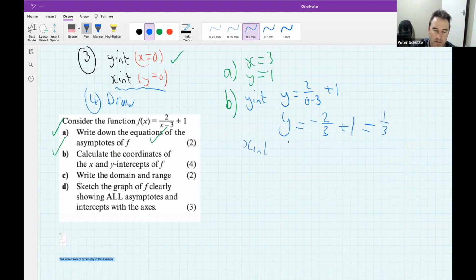And the x-intercept is going to be what? 0 equals 2. And so this was the trickier calculation. But it wasn't terrible. You just had to be consistent.